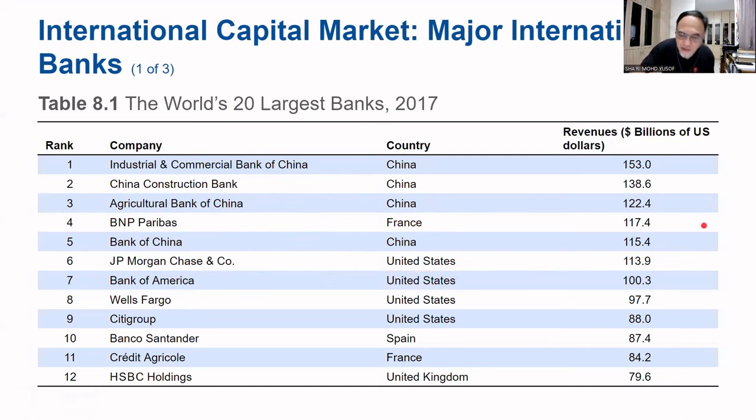But this is 2017 data. The international banking system is centered in large money market banks headquartered in the world financial centers, London, Asia, the US and the European Union. Revenues here range from 54 billion US dollars to 153 billion.